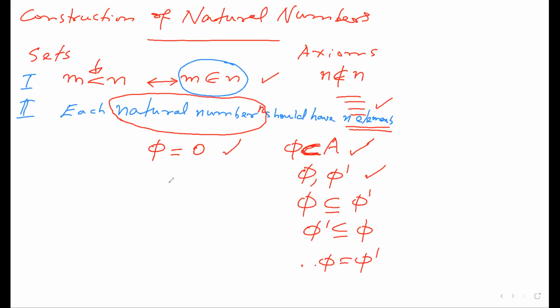So that is beautiful. And we will let the empty set represent zero. So everything is a set in set theory. So zero is a set. Now, let us say we have defined n. Suppose we have defined n.